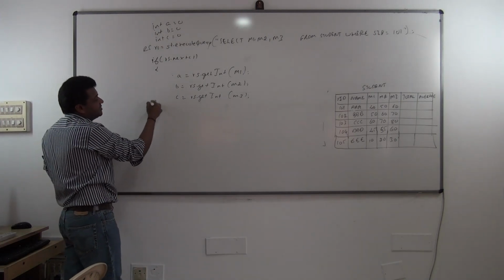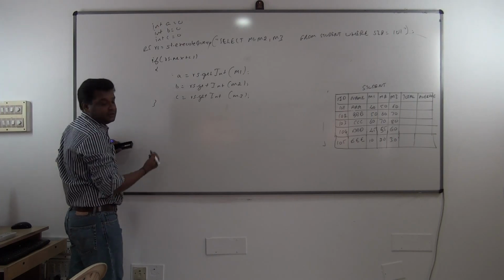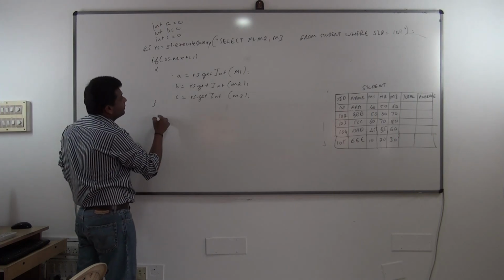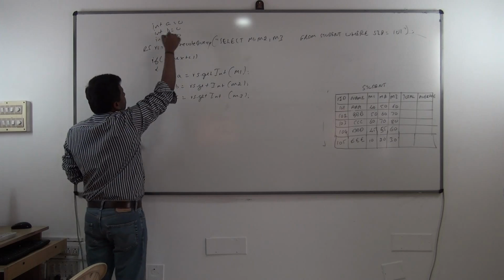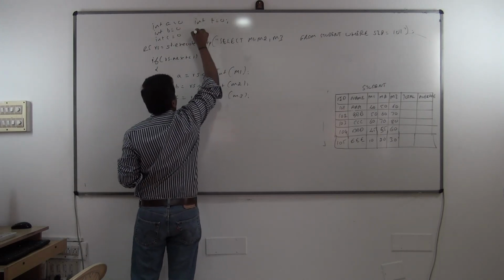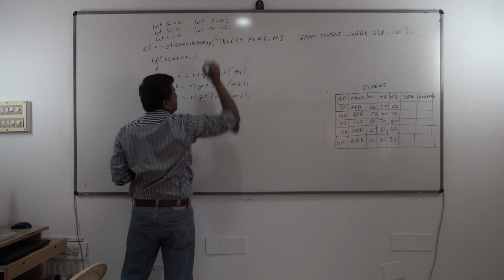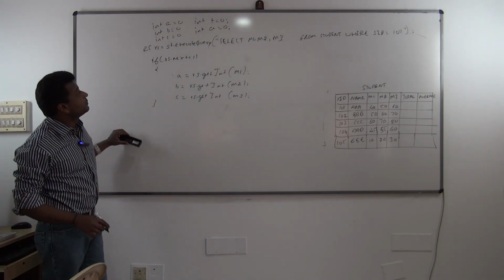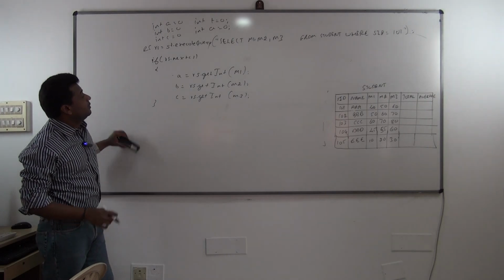If the result set is true, you are getting the values. Yes or no? Next, you have to calculate. One more variable I will declare: int t = 0.